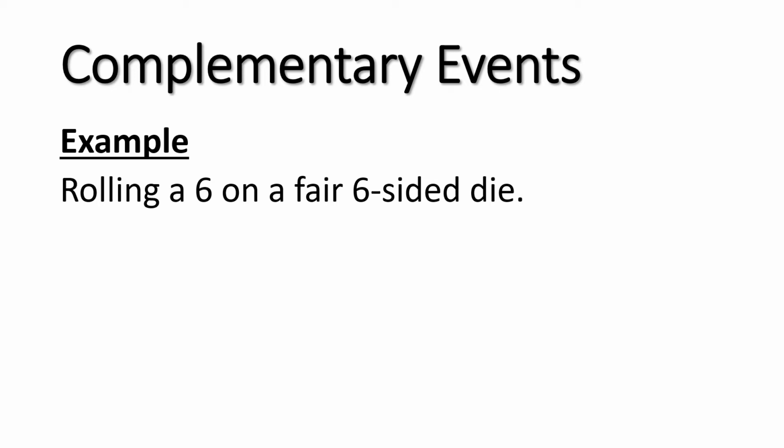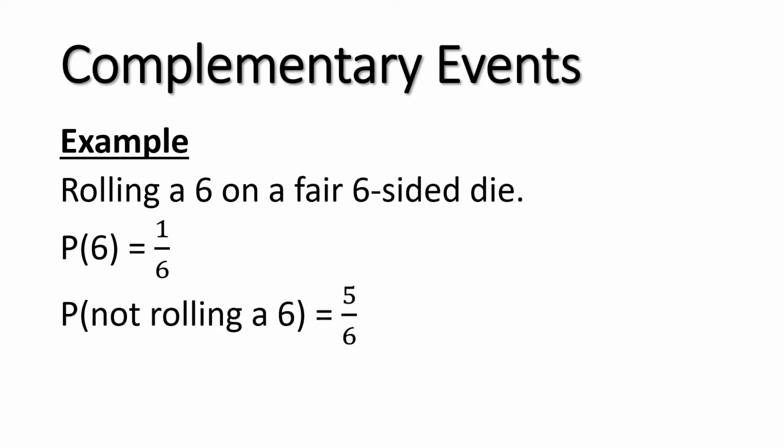So let's have a look at an example. Rolling a 6 on a fair six-sided die. Now we know that the probability of rolling a 6 is 1 over 6, 1 favourable outcome over 6 possible outcomes. Now when we want to find the complement event to rolling a 6, it is simply the probability of not rolling a 6. And the probability of not rolling a 6 is 5 over 6 because we could roll a 1, a 2, a 3, a 4 or a 5.